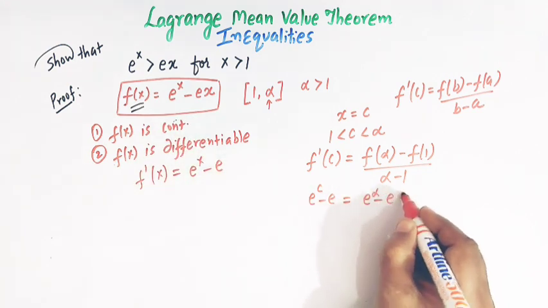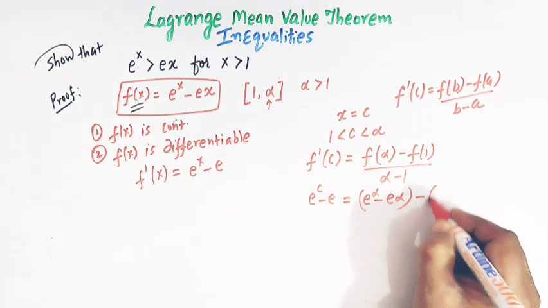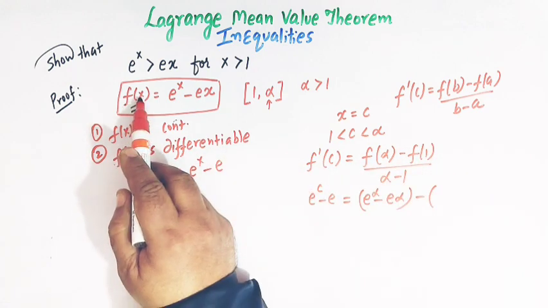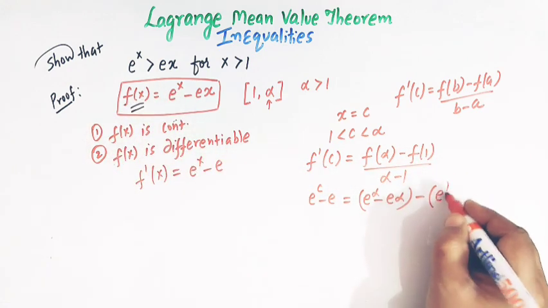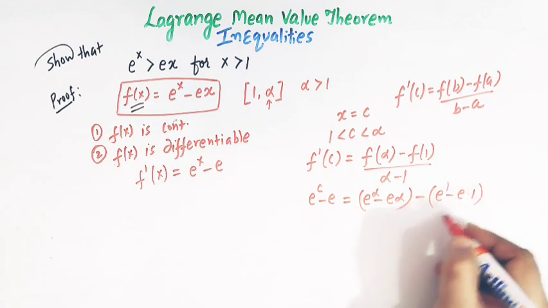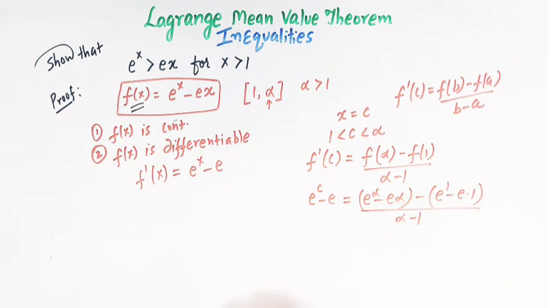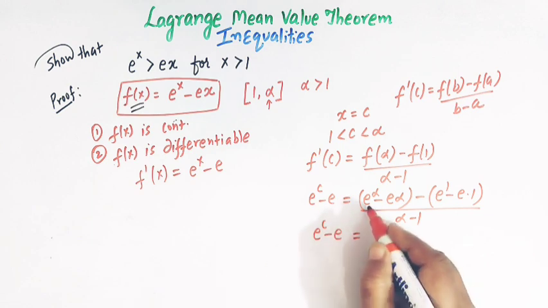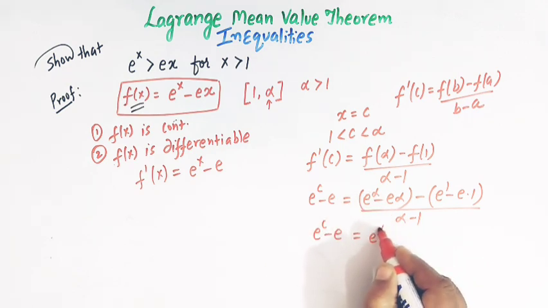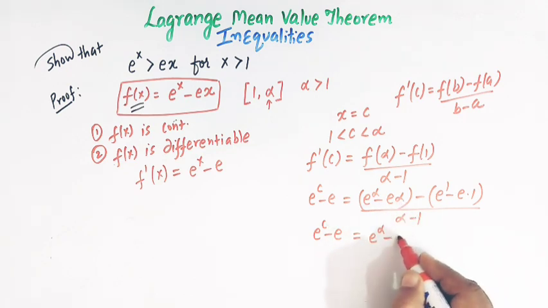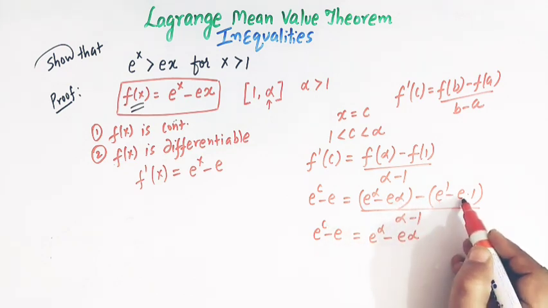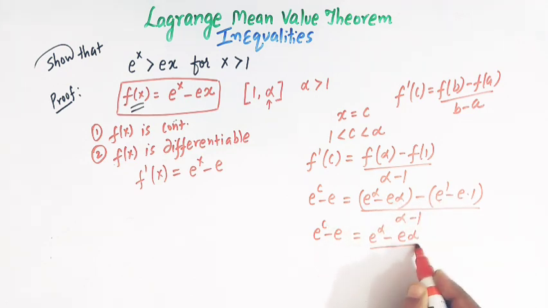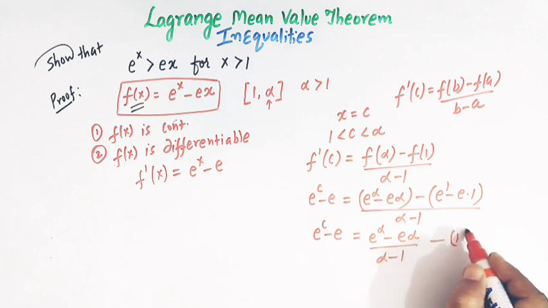Then f of 1 can be obtained from here. So this is e raised to 1 minus e times 1, right? And this is alpha minus 1. So we have e raised to c minus e equals e raised to alpha minus e alpha, where e minus e is 0. So we are left with e raised to alpha minus e alpha over alpha minus 1, right?